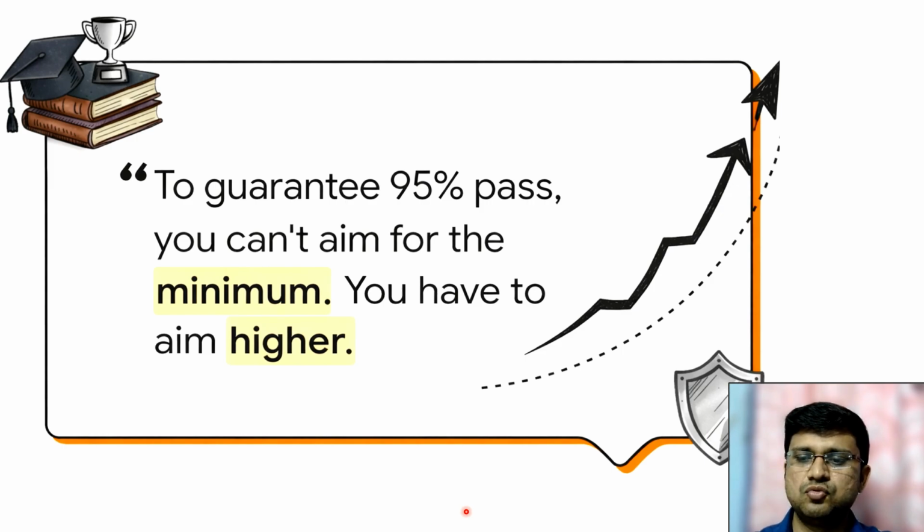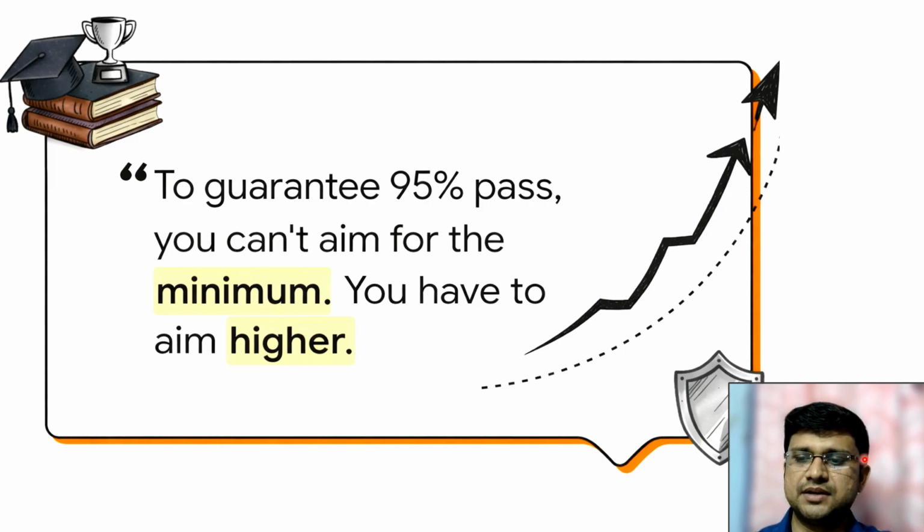So instead, we set a higher target, say 70 marks. So what happens then? Some students may score above 70, some may score below it, but most of them still score above 40. In this way, we can ensure that about 90% of students will actually pass.